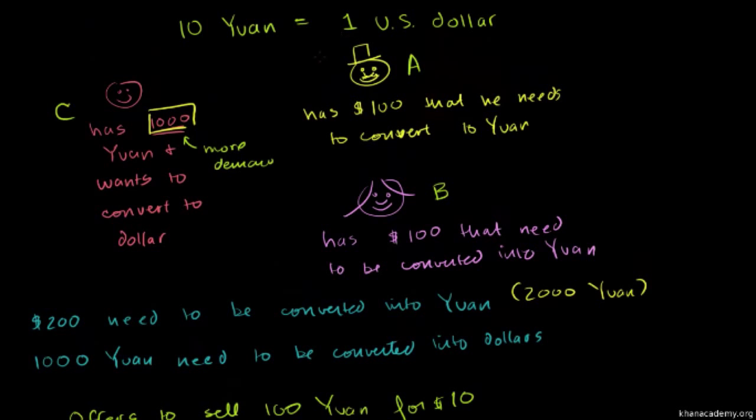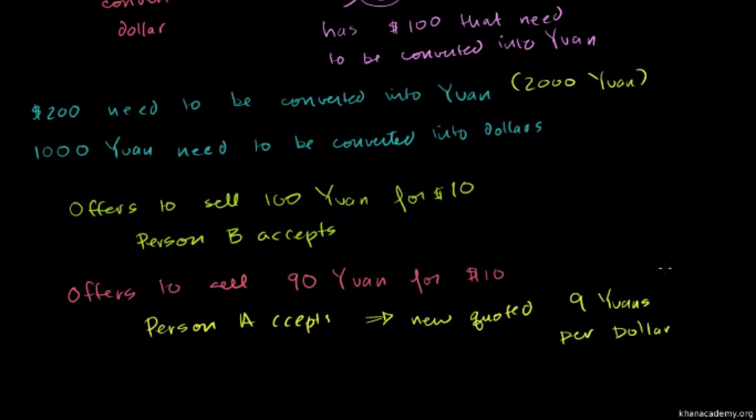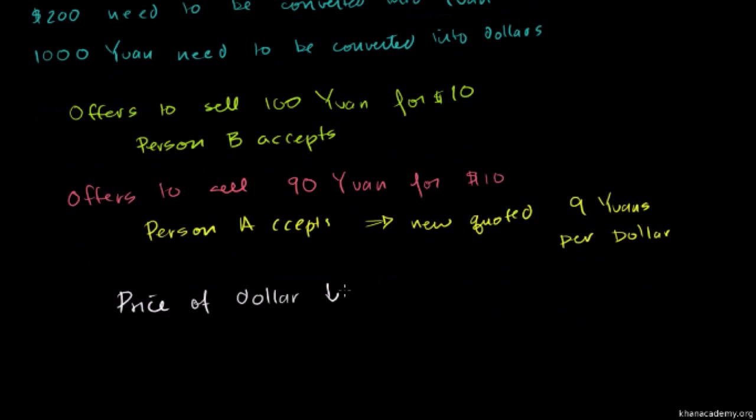We'll explore how you can peg it in the future, but there's nothing that says that this has to always be the case. If there's more demand for won than dollars, as we see in this example, the price of the dollar will go down, which is the exact same thing as the price of won going up. The price of dollars in terms of won will go down.